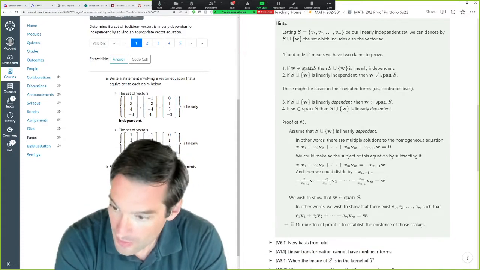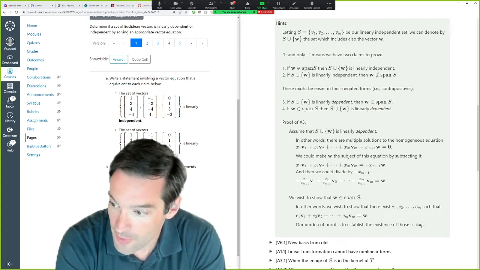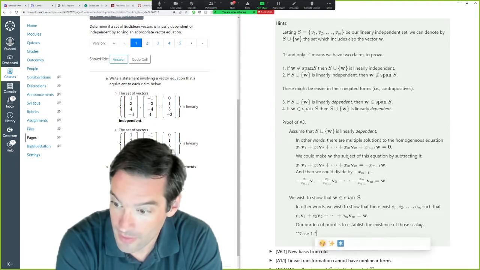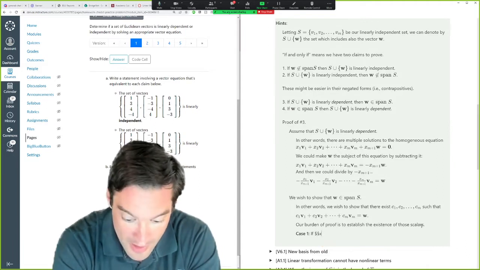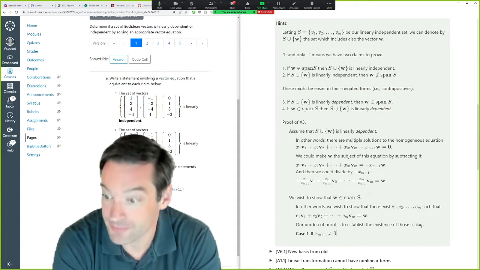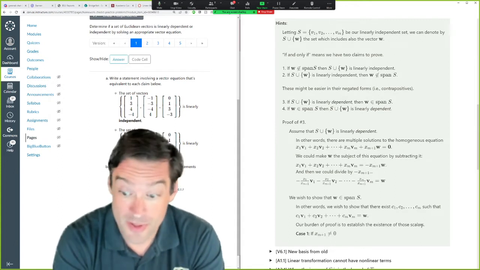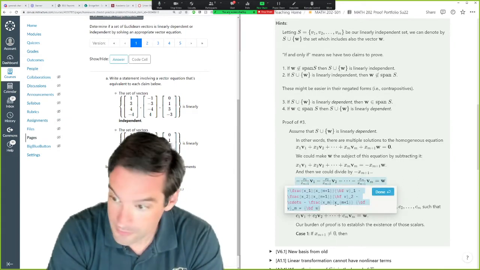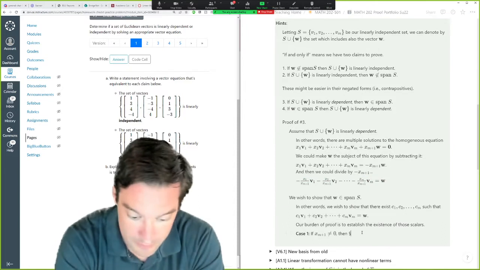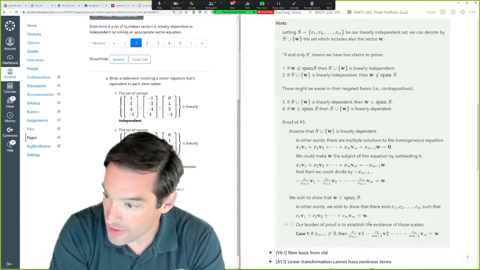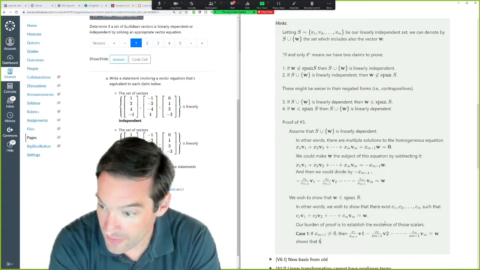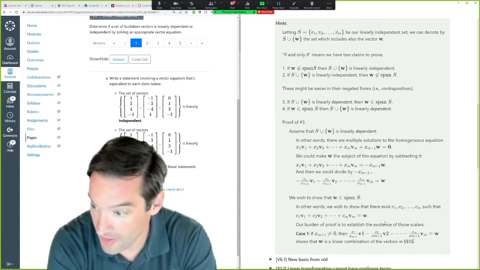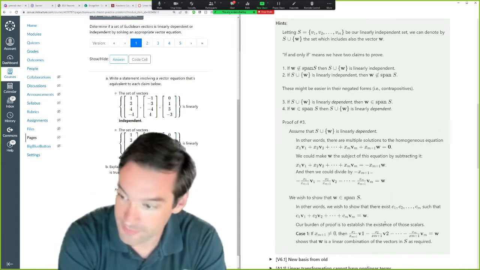So I think what we can do then is make this into a cases proof, case 1. The first case is if x sub m plus 1 is not equal to 0. So as long as x sub m plus 1 is not equal to 0, then the equation that we just wrote shows that W is a linear combination of the vectors in S as required, right?